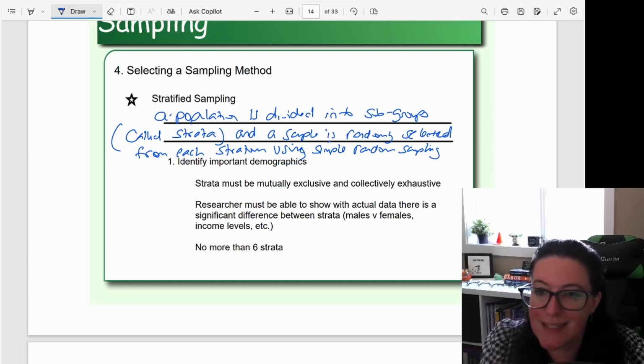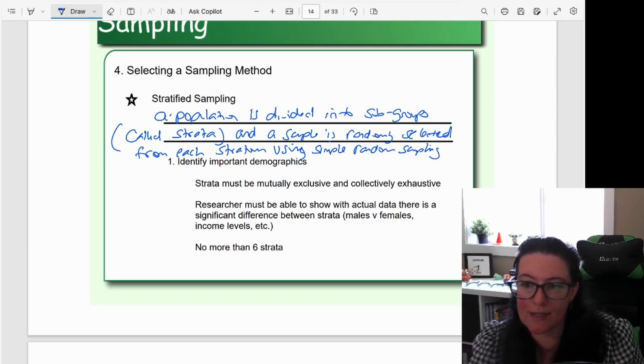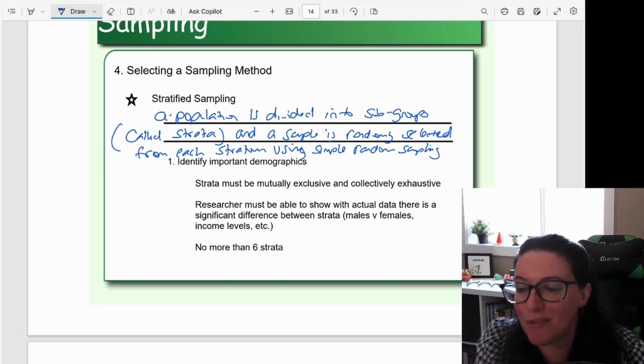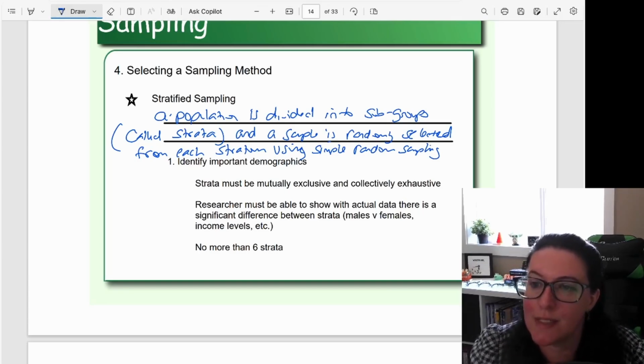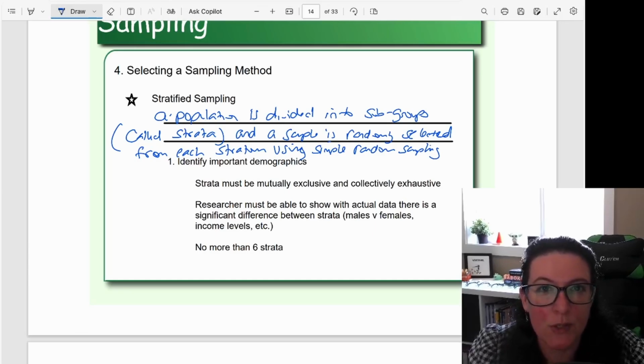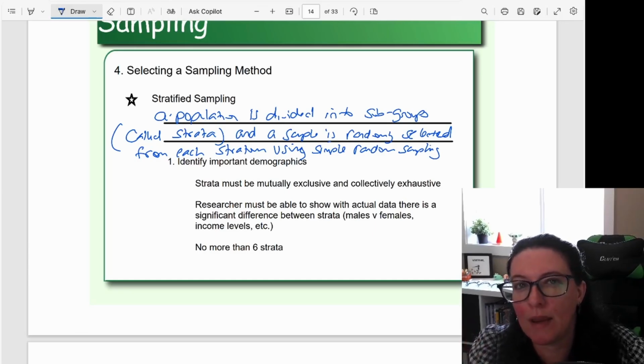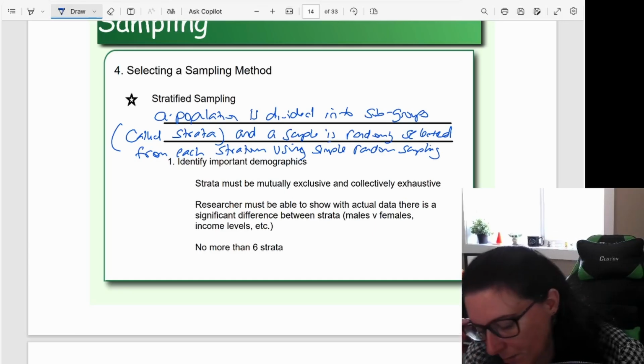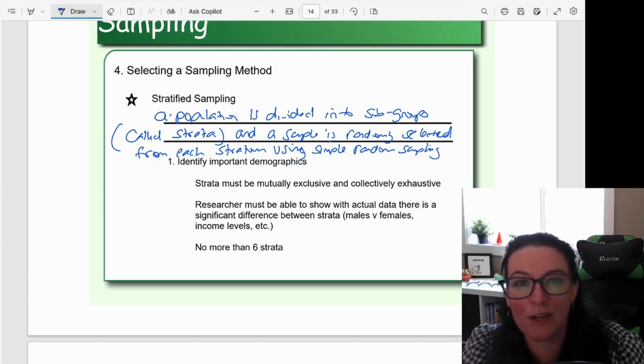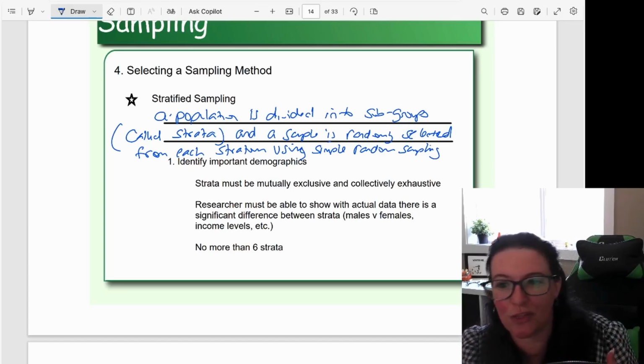With stratified sampling, we need to be able to show, maybe with some historical information, that there is a difference in opinions or characteristics among these different groups. The reason we're pulling them out and making sure they're represented in the sample is because we know there are differences in opinions between first years and third years.